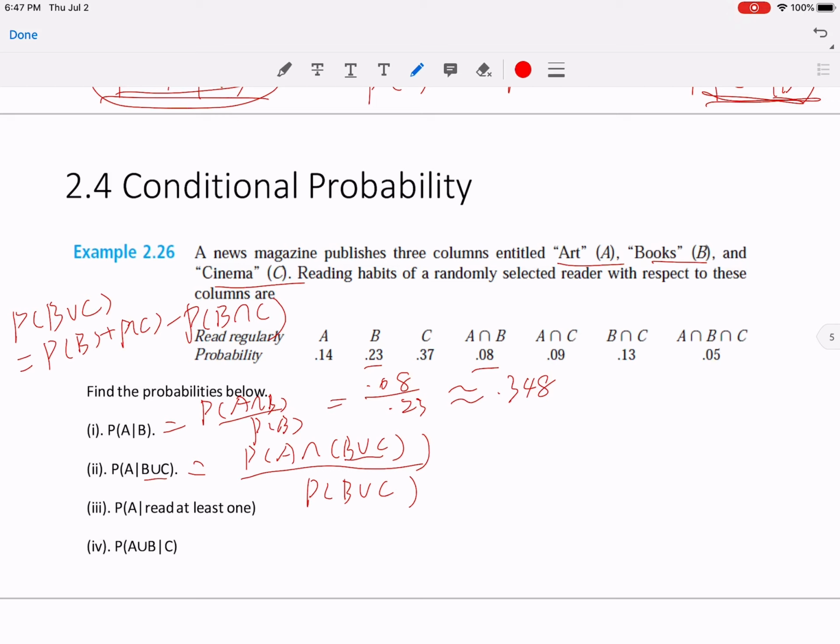And we know the probability of B, we know the probability of C, and we know the probability of B intersection C from the table given here, so we can find the probability of B union C. But how can we find the probability of A intersection B union C?